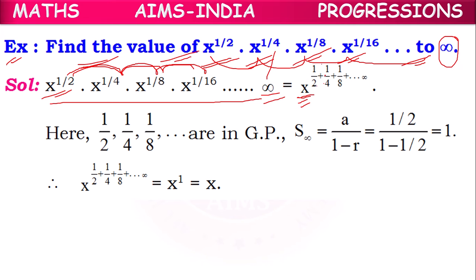So 1 by 2 plus 1 by 4 plus 1 by 8, like this up to infinity, we will be having the exponents. That sum we have to take here for this common base.